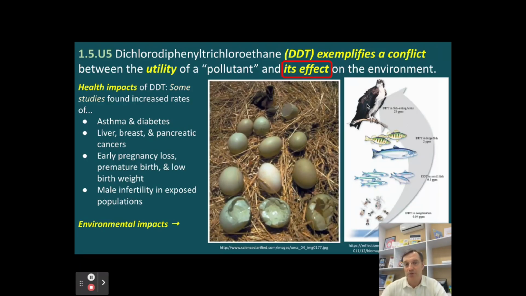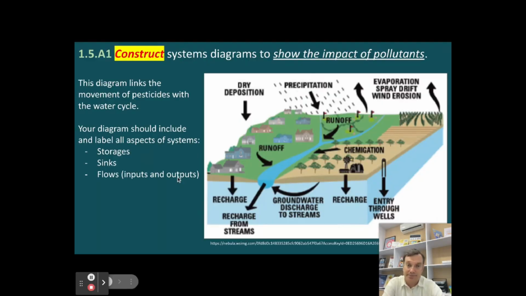And so because it is persistent and it has these detrimental health impacts on your top trophic levels. In addition to that, we know that it has all of these negative impacts on human health. So you may be asked to construct a systems diagram to show impact of a particular pollutant. When that happens on an exam, you'll probably be given a specific example and asked to comment on it.